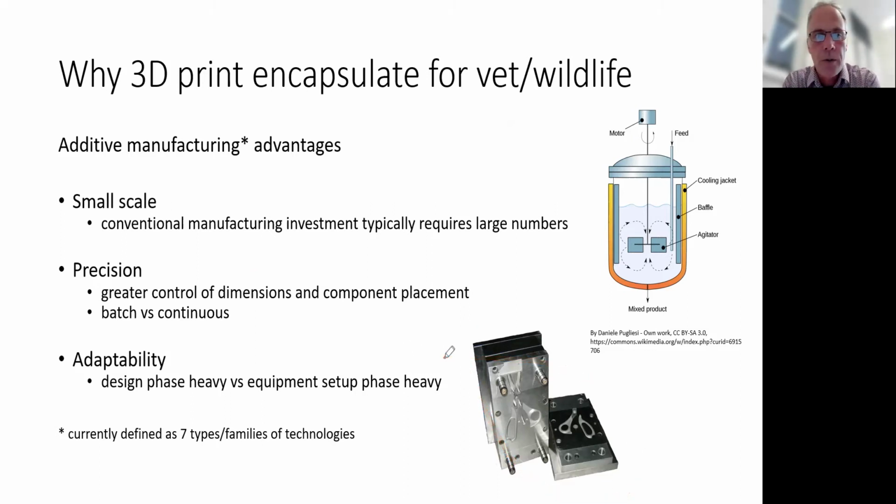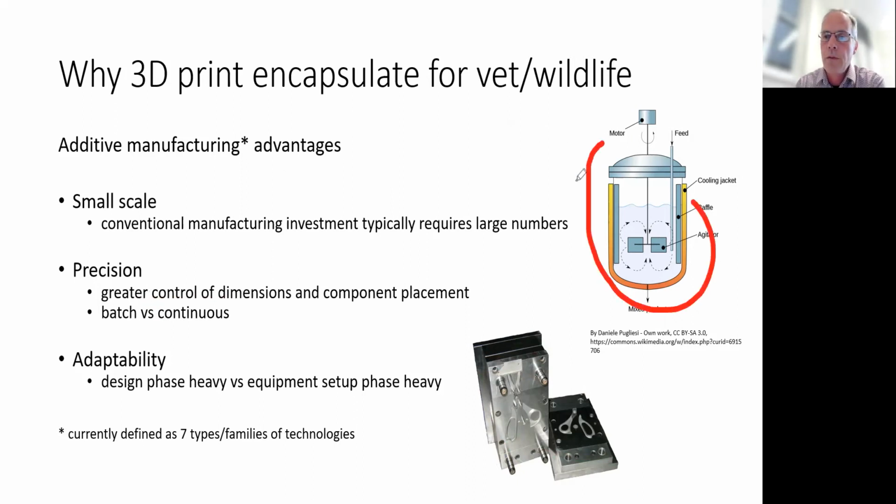Don't get me wrong, conventional injection molding can be incredibly precise, but there are limits in how you can design a mold to accomplish that. And additive manufacturing often gives you the advantage of a continuous manufacturing process rather than the batch to batch variation that you get in conventional manufacturing.